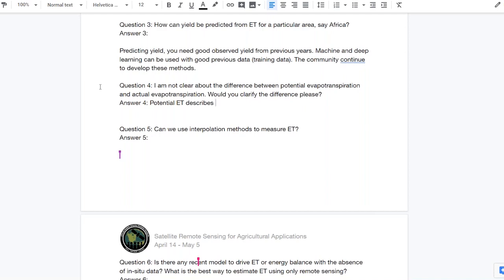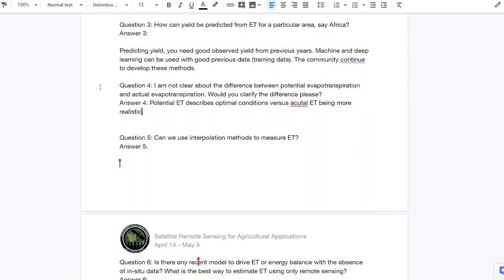Essentially, what would happen if there was no constraint on evapotranspiration? That sets the threshold for what would happen under those conditions. Actual ET is what is actually occurring. It's a more physically based estimate of how much water is actually being transferred from the land surface to the atmosphere. So that's really the difference. Potential is what would be happening under optimal conditions, and actual is what is happening.